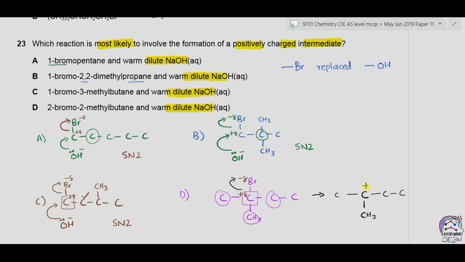This carbon will become positive and bromine will be removed in the form of Br negative. In second step OH will now attack on this positive carbon atom and product is formed. So we can see that in D carbocation is formed, so therefore D is correct.